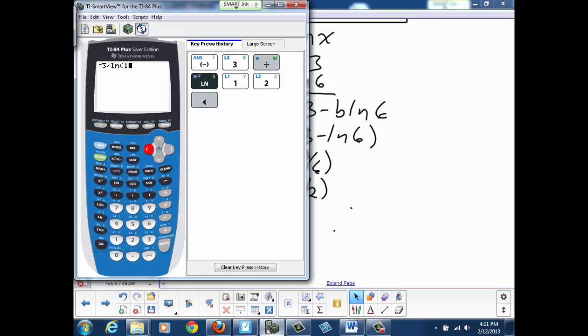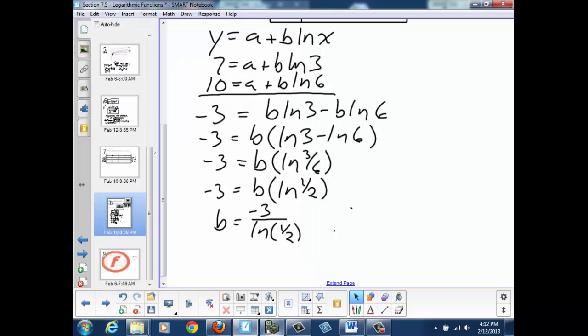And that turns out to be 4.3281. So b is equal to 4.3281, and we're going to use that information to solve for a.